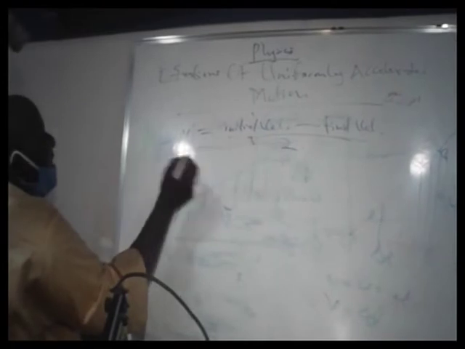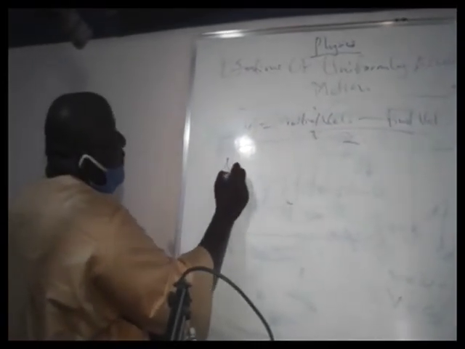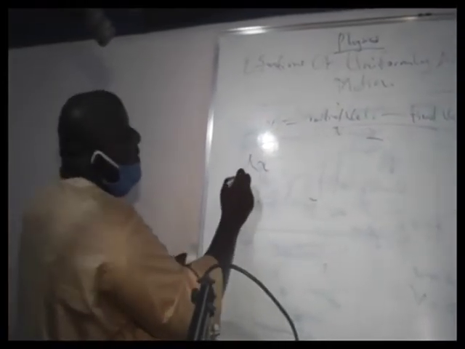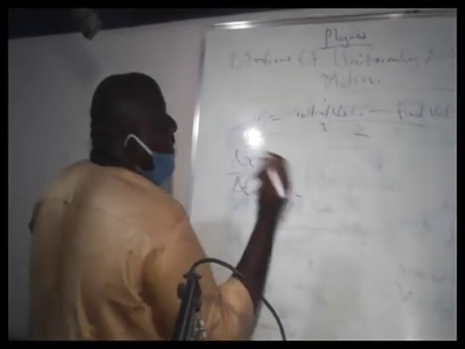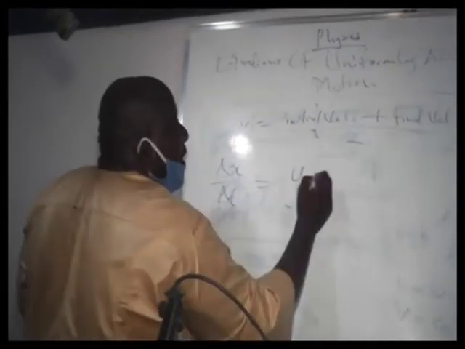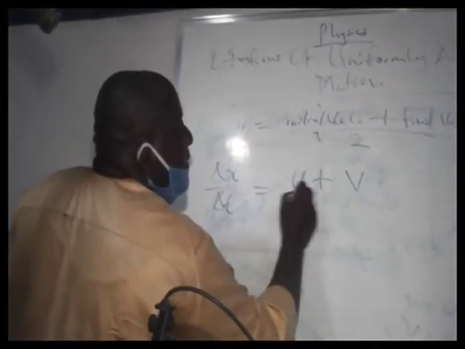Now, what is the average velocity here? It is the change in displacement, that is, change in x, all over change in time. And this will give us u plus v divided by 2.